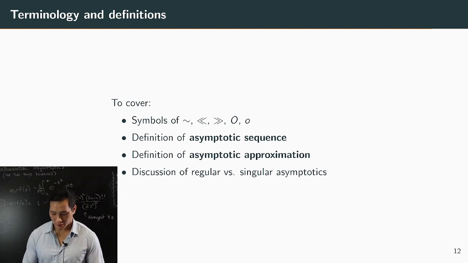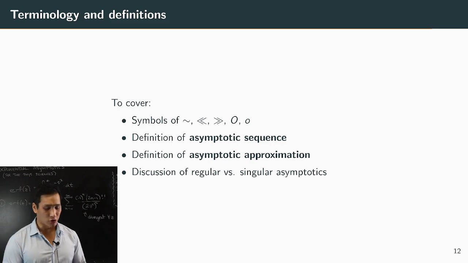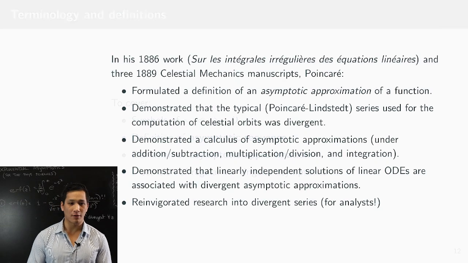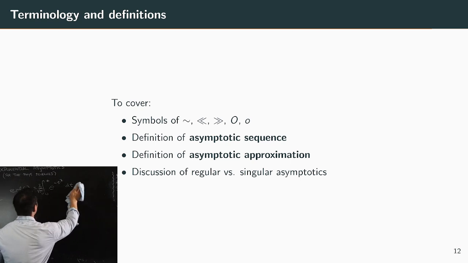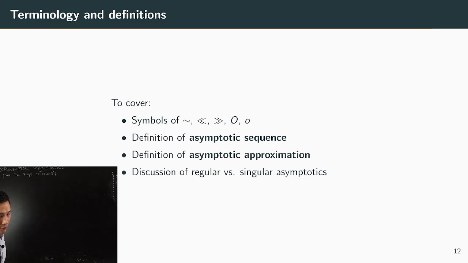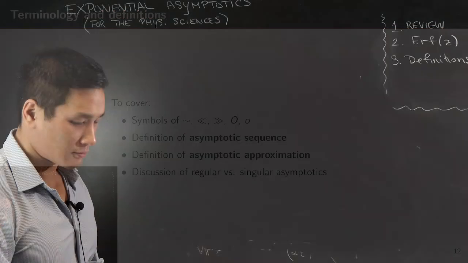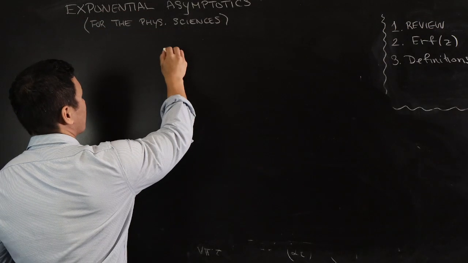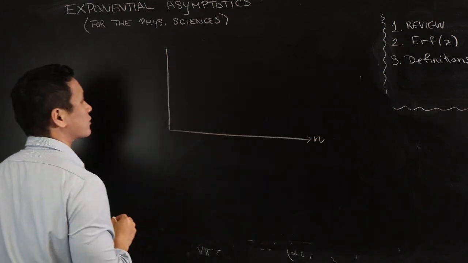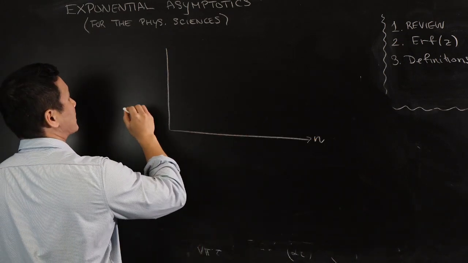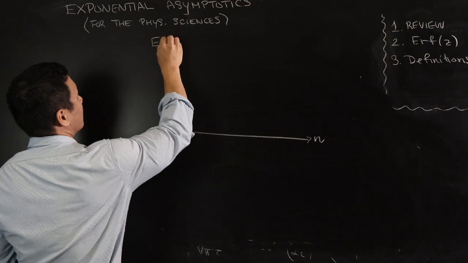Okay. One thing I want to mention, but we're going to revisit, is that in the graph that I presented to you before of the exponential of the error function, you have a graph of the number of terms n that you're going to keep, and then the error.